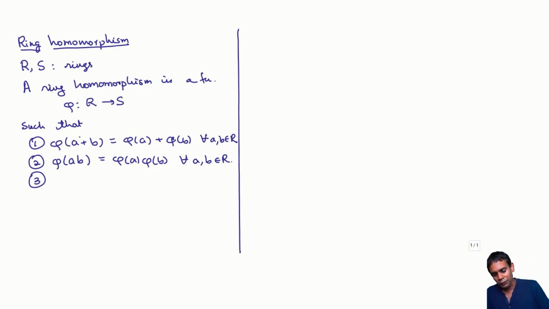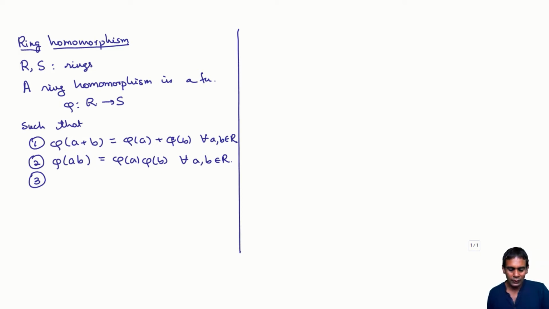Now, because phi is a group homomorphism of the additive group R, that's what axiom 1 says, it takes 0 to 0. Okay, but R with multiplication is not a group because, for example, elements need not have inverses.